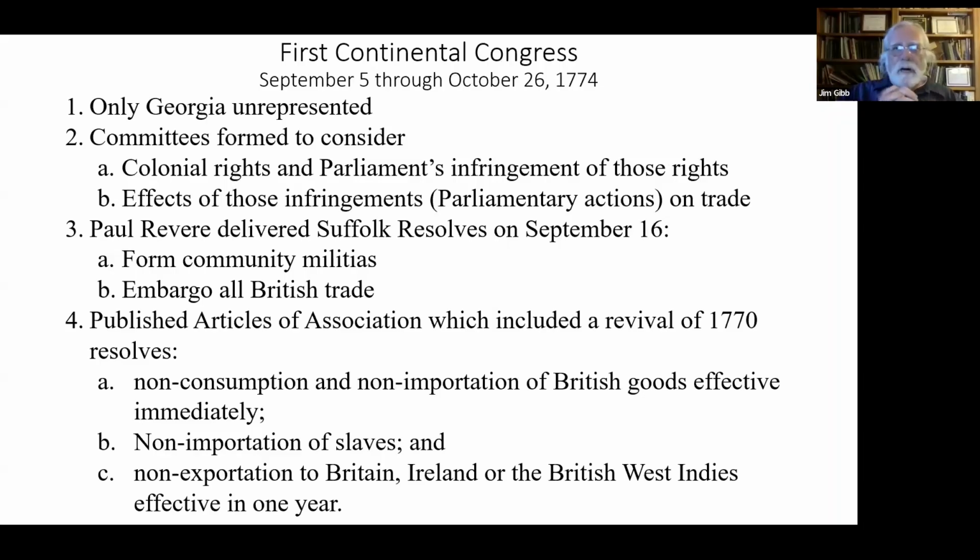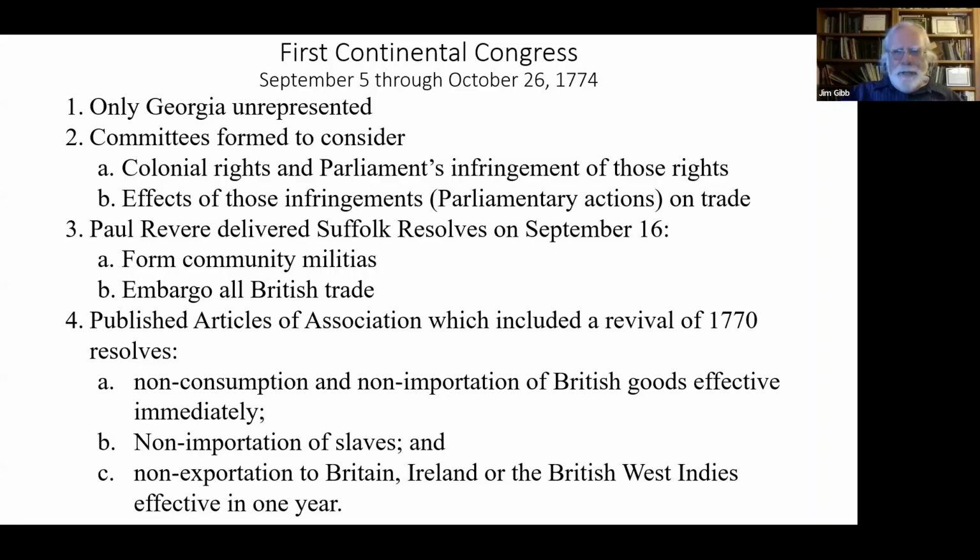The First Continental Congress met September 5th through October 26, 1774. Unlike the Albany Conference in 1754, where only 7 colonies showed up, in the First Continental Congress, 12 out of 13 colonies were represented. Georgia didn't show up.